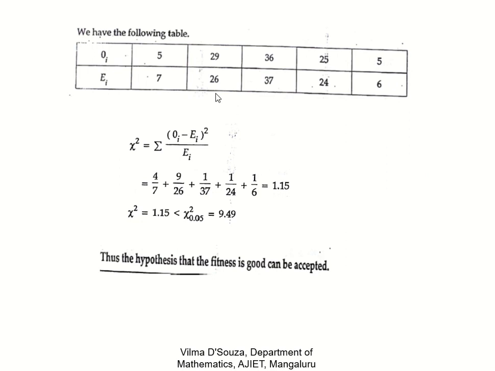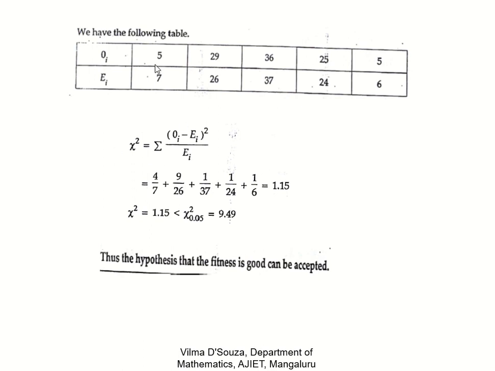I have written this in the form of a table here. So calculate now chi square. What is chi square? Summation of Oi minus Ei whole square divided by Ei. Write down the formula.